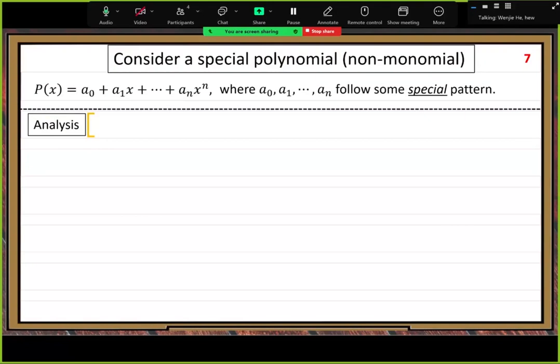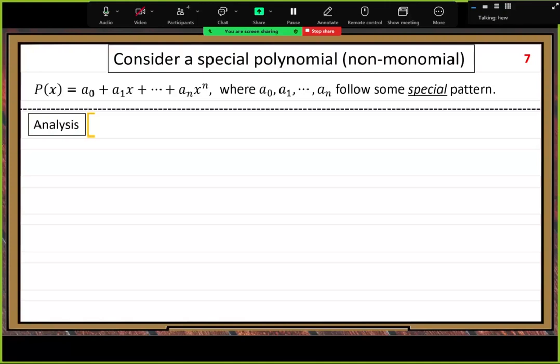Consider a non-monomial. This time, we don't want to consider a monomial. This question is related to that quiz question I mentioned. That quiz question is not a monomial directly. Why?